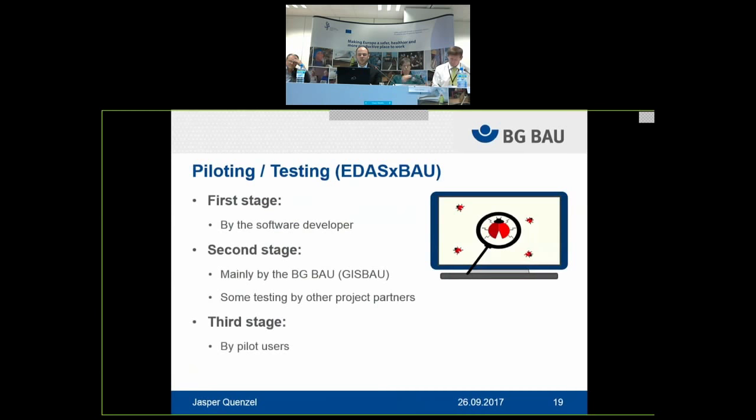And in the third stage, we had some pilot users, 2 for every software company, which tested the interface in their own system and sent the data to us, where we then again had a look whether or not the data was okay. And after that, it's of course not done, because you have to maintain the interfaces.